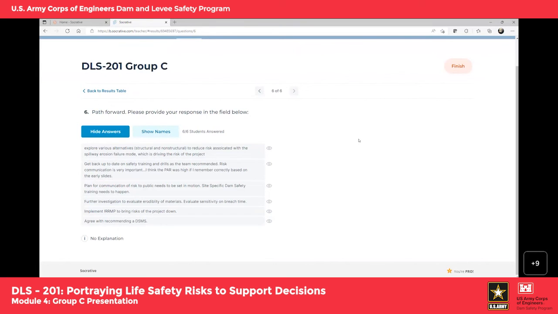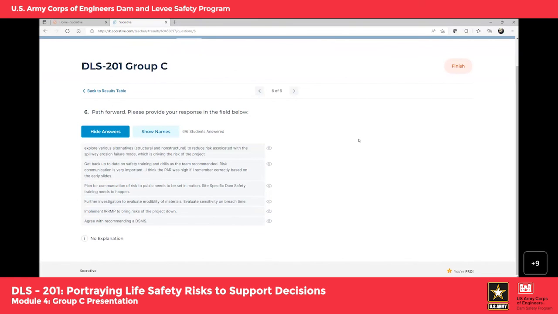What RMPs are you thinking that we could do to bring down project risk? Somebody made the comment, so somebody has a thought. I made that comment. I couldn't remember exactly what the RMPs were. I'm just saying, are you envisioning an RMP that you think could bring project risk down?